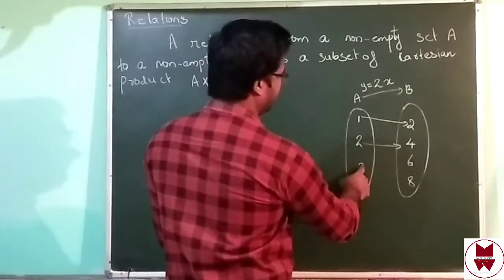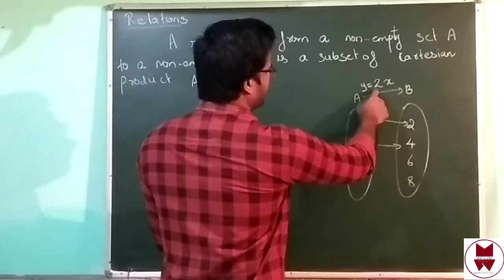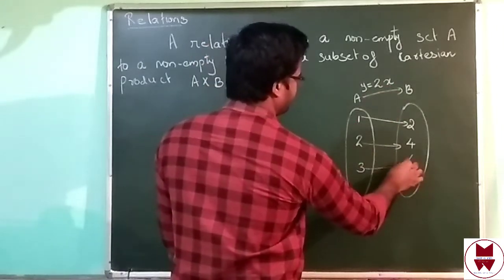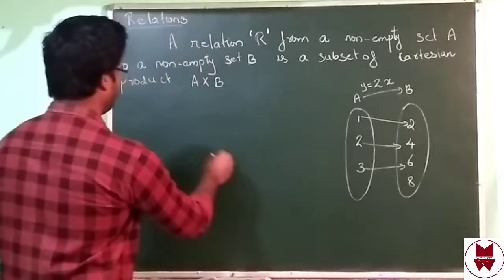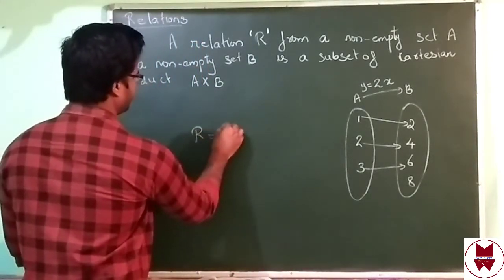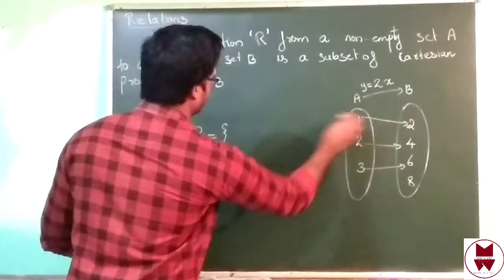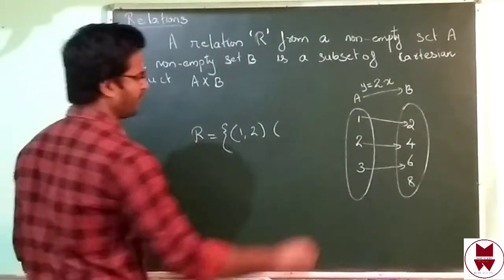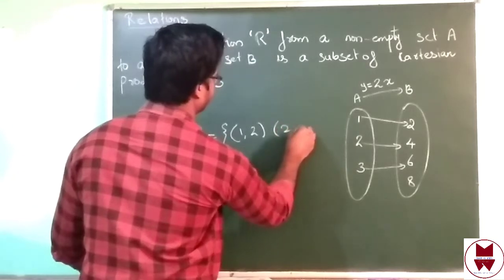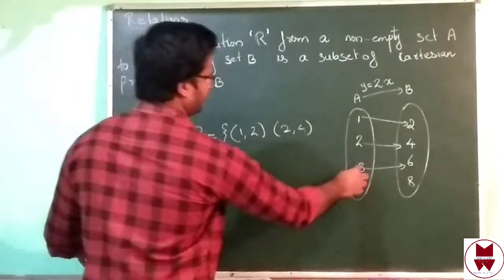And then if you give 3, 2 into 3 is 6, so 3 and 6 is also a relation. We can write R equal to the set of ordered pairs (1, 2), (2, 4), (3, 6).